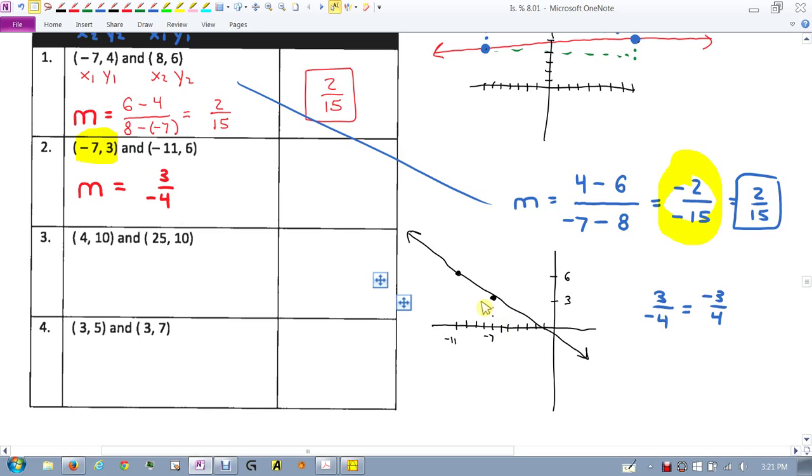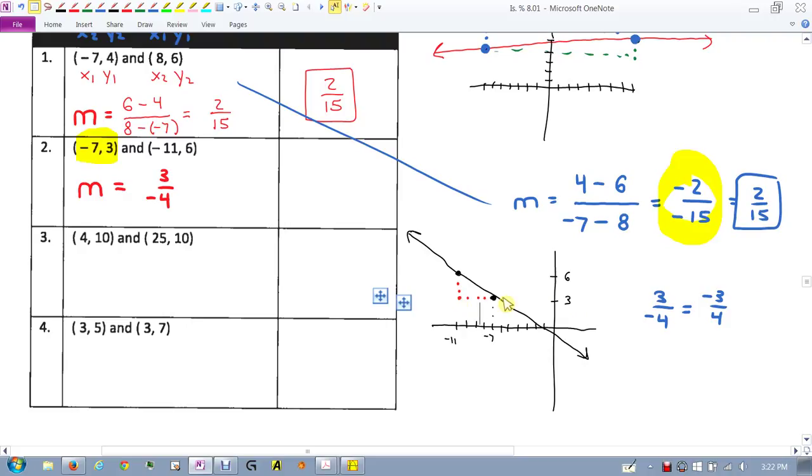Here's your picture. Does everyone see that to get from one point to the next, I could go down 3 and then right 4? Which of those fractions would it be to do this?